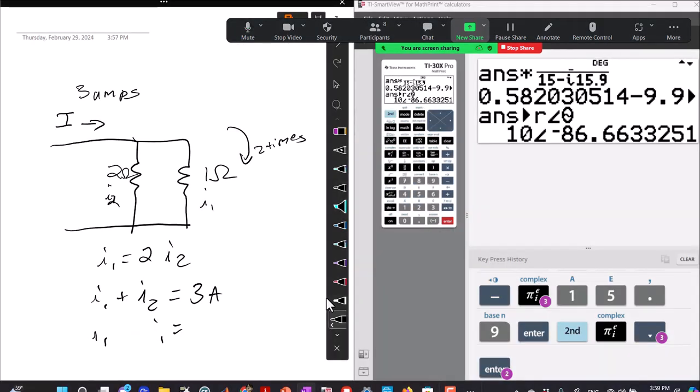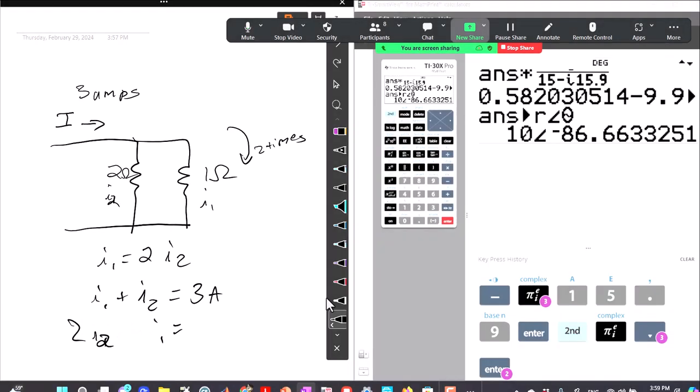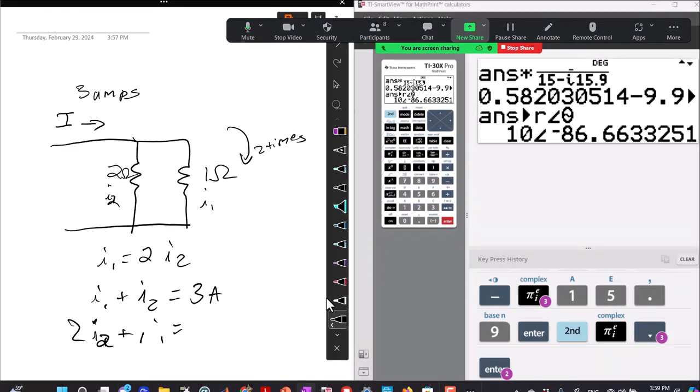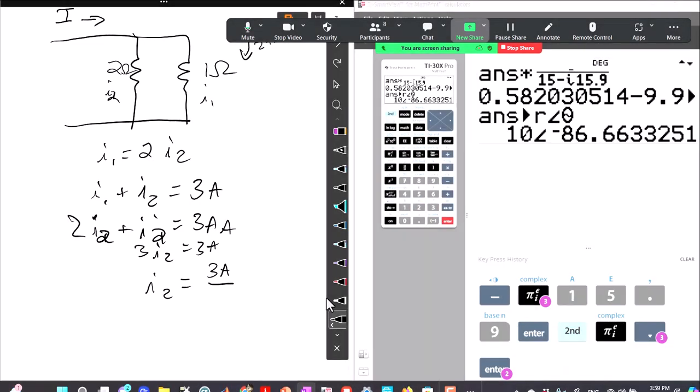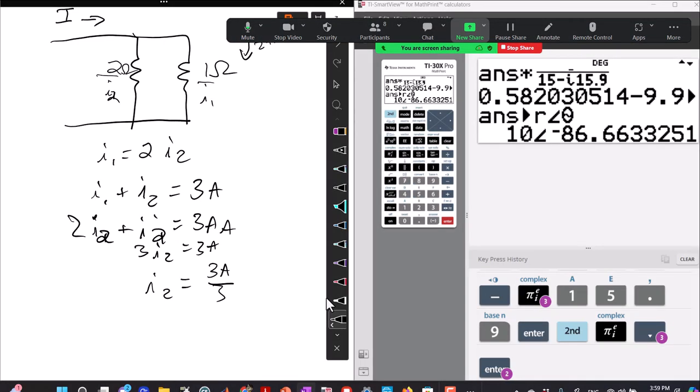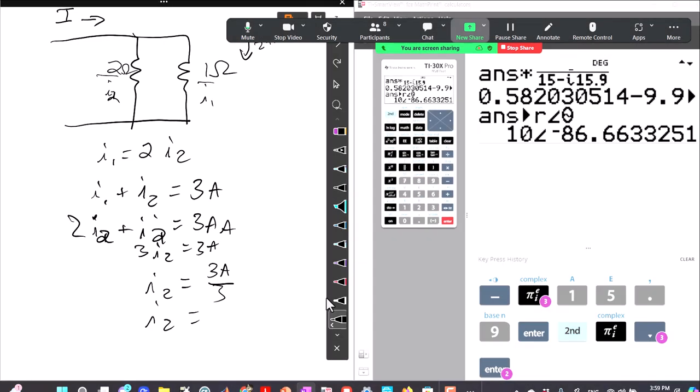I1 is 2I2. 2I2 plus I2 has to equal 3 amps, or 3I2 has to equal 3 amps. Now notice what's happening in this last step: I'm dividing my current by the sum of the resistances, 3. So I2 equals 1 amp, and then I1 has to equal 2 amps.